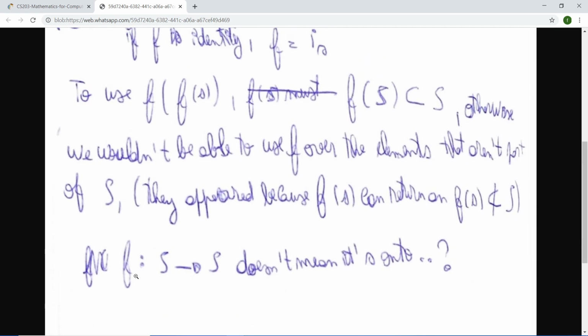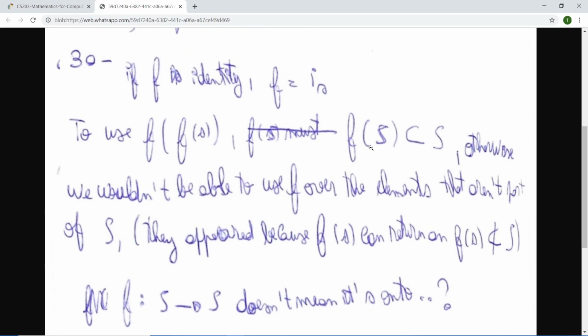Well, one of my questions is, if we say that f is a mapping from S into itself, does it mean that it is onto itself? Because if it isn't, then we can say that f of S is inside of S, but f of the set S is also contained inside of S, but isn't equal to S because it isn't onto.